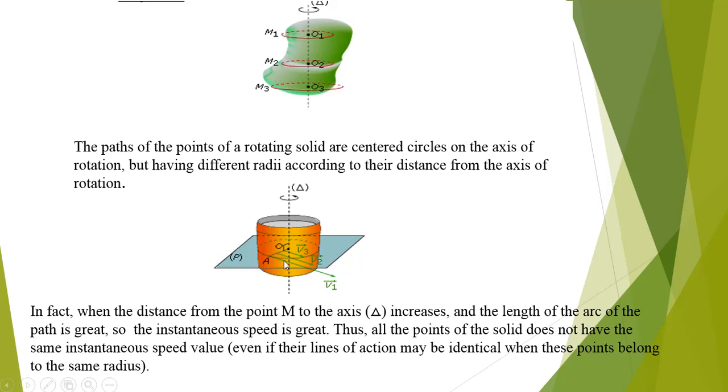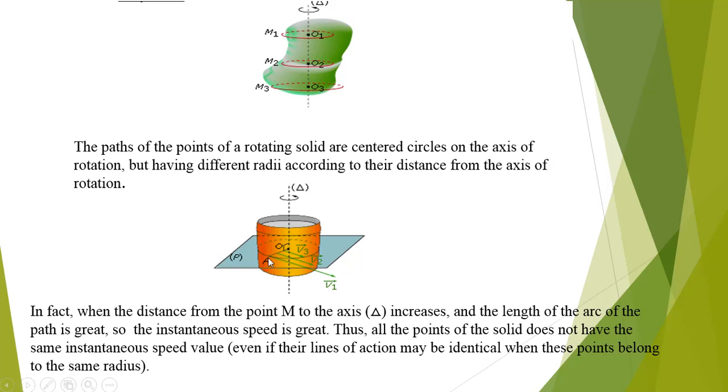If we consider this cylinder in rotation around a fixed axis delta passing through its center O, and if we take 3 points from this solid, and the 3 points are on the same radius.